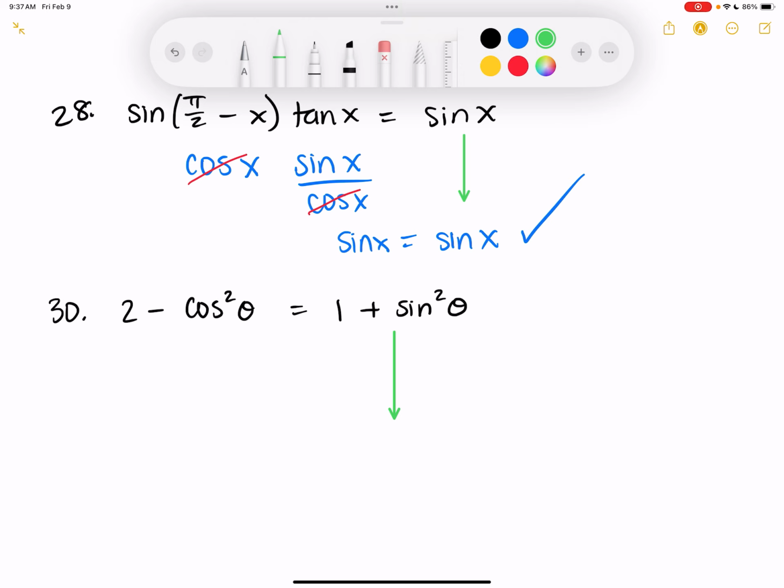Wait, I see squared things, so what am I thinking right off the bat? Pythagorean identity. Can we add the cosine? Nope, I can't touch the right side. Would you agree that 2 is equal to 1 plus 1? If I write it like that, do you know what to do now?